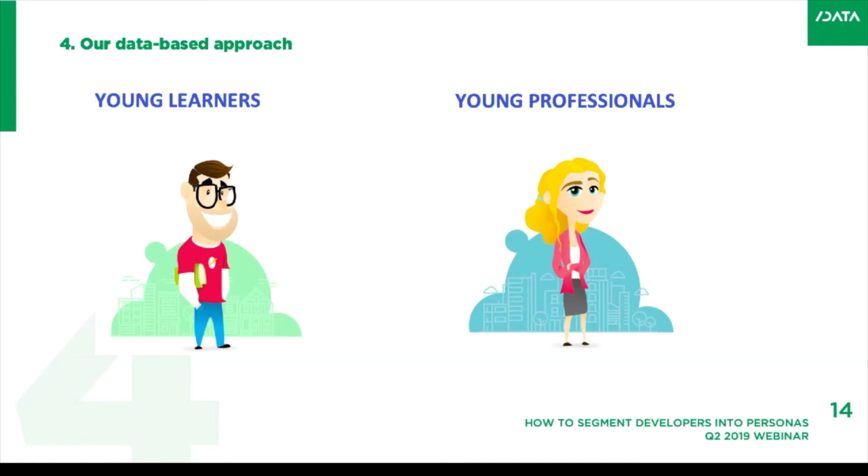It appears that the evolution of the developer is really what matters when defining distinct segments that behave in a distinct way. So our first segment is our young learners, who are, as the word implies, young. They have to be below 34 to be in this group, but most of them are in their early to mid 20s.